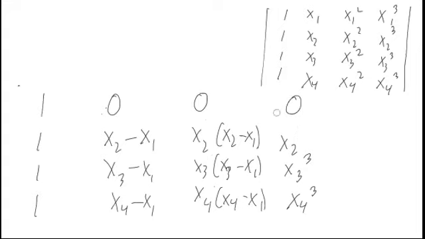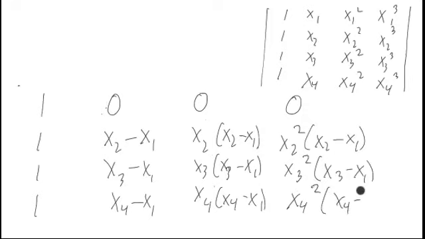We'll be able to factor and end up getting x2 minus x1. Here, we'll be able to make that computation and factor. And similarly over here. Let's review what we were doing in this column.